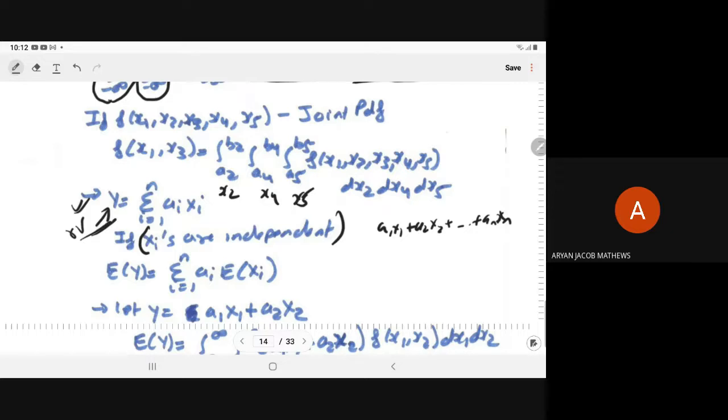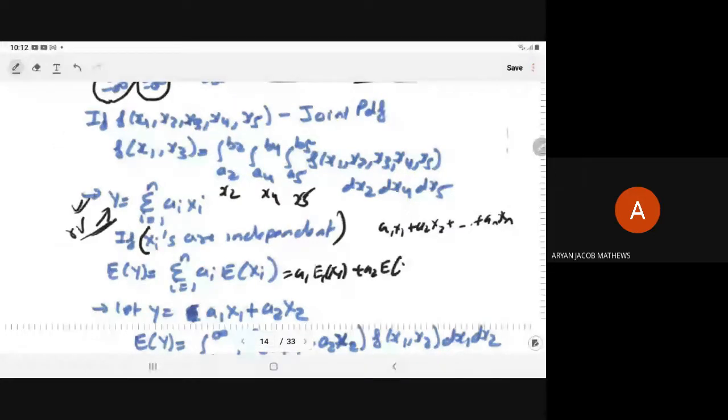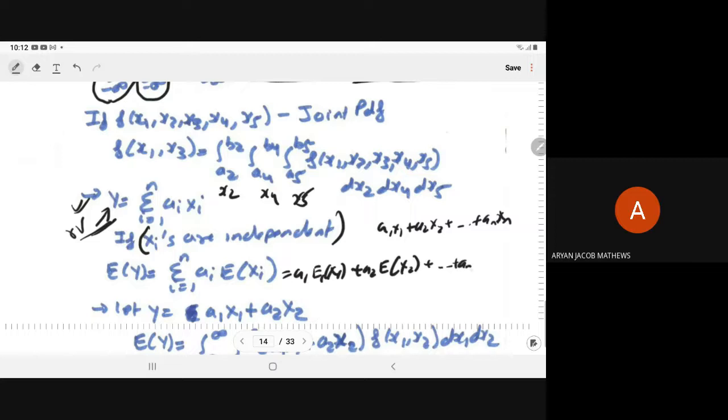So the expected value of y is a linear combination of the expected values of the xi's, that is a1 E of x1 plus a2 E of x2 plus an E of xn, right? This is possible only when all the xi are independent of each other.